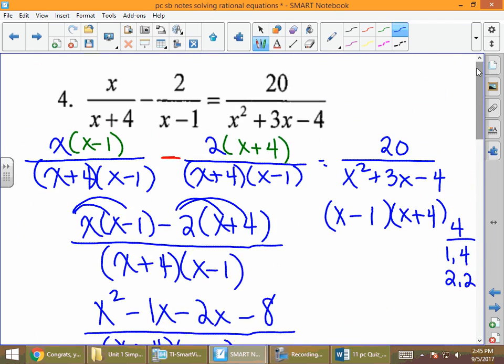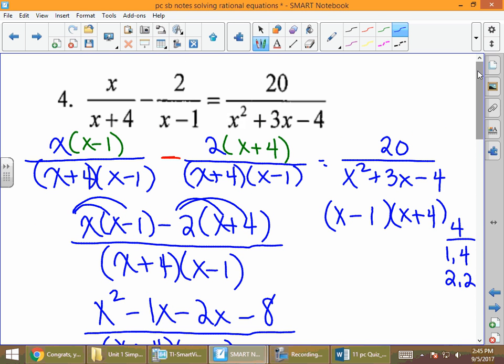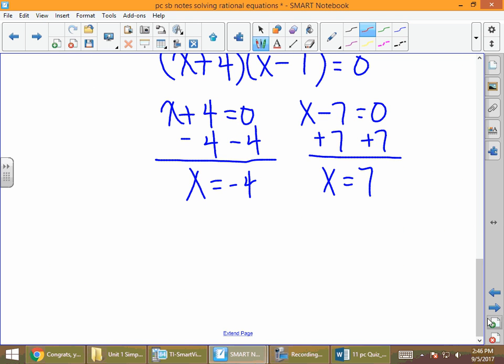So I'm going to go all the way back to the beginning, and remember our first answer was negative 4. Well, when we go to the very first fraction, in the denominator, negative 4 plus 4 is 0. That means that negative 4 is an extraneous solution. We cannot even work with the problem if the value for x is negative 4.